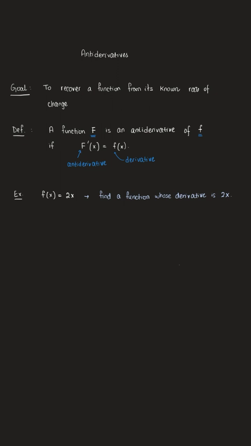You might think about undoing the power rule. So we have a candidate, capital F of x equals x squared, because when we take its derivative, we get 2x. So we have found one. This x squared function is an antiderivative of f of x equals 2x.